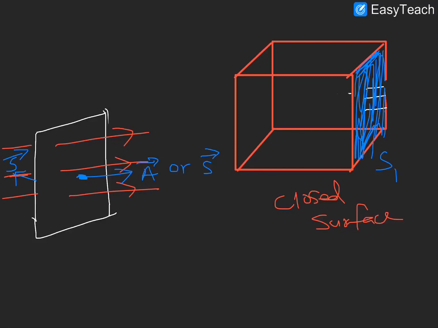There is a negative q somewhere here. Electric field lines always move towards the negative charge, so field lines will terminate on the negative charge, means they will come to the negative charge.